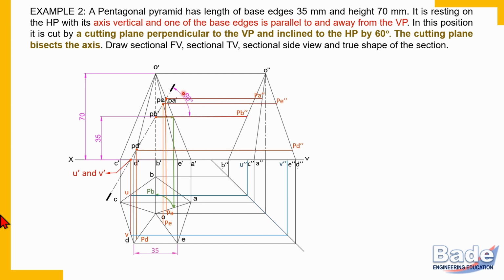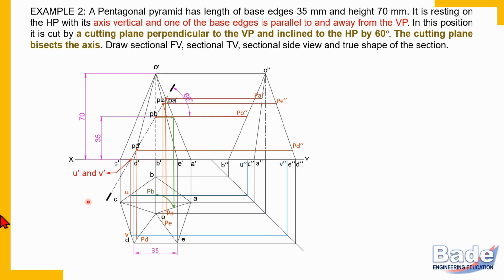Now listen, when a cutting line intersects an edge of the object, it creates a corner of the section. So this section has 6 corners: PA, PE, PB, PD, U and V. That means in this case, even if we have cut a pentagonal pyramid, the section is a hexagon.